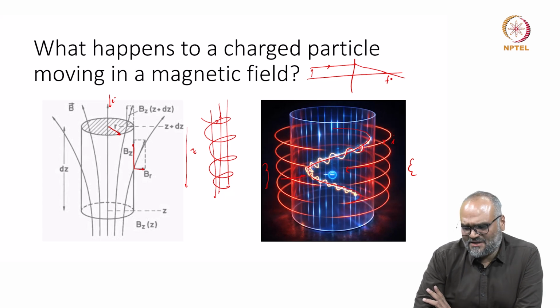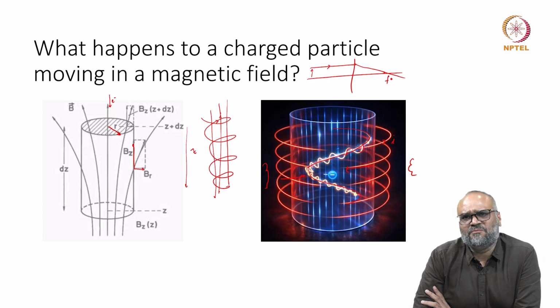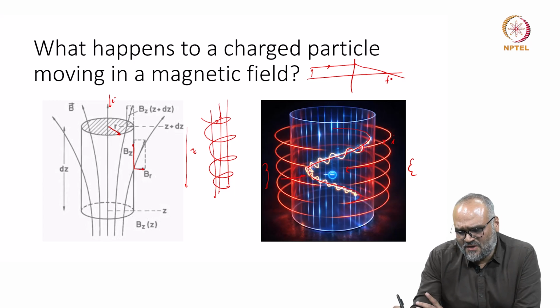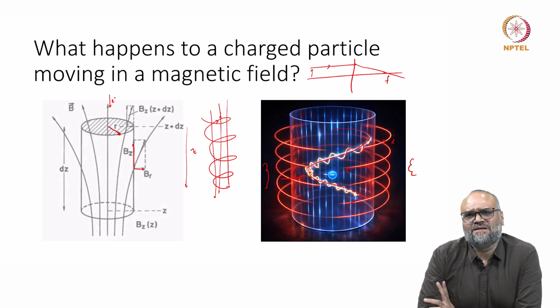In a very similar way, there are calculations which are done. There are something called thin lens and thick lens approximations, which also show that similar to a convex lens in an optical microscope, the electromagnetic lens within an electron microscope behaves in a similar fashion.